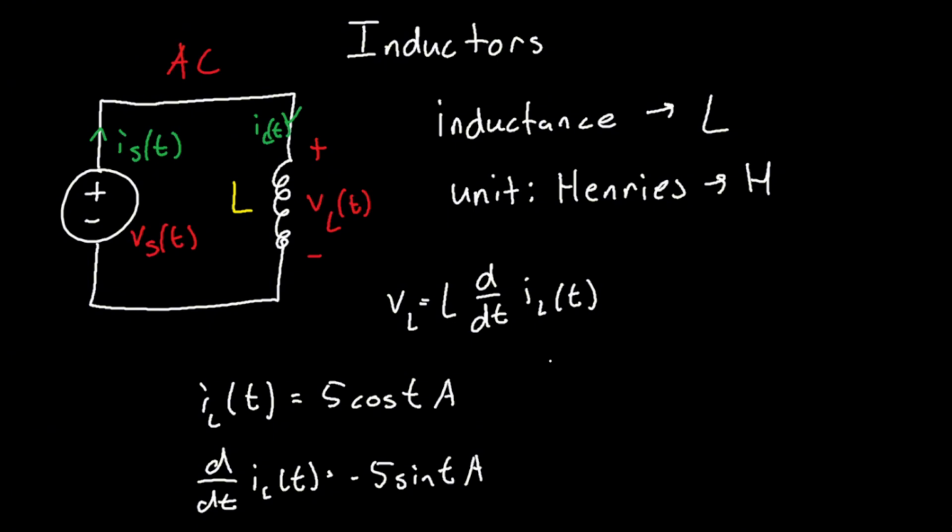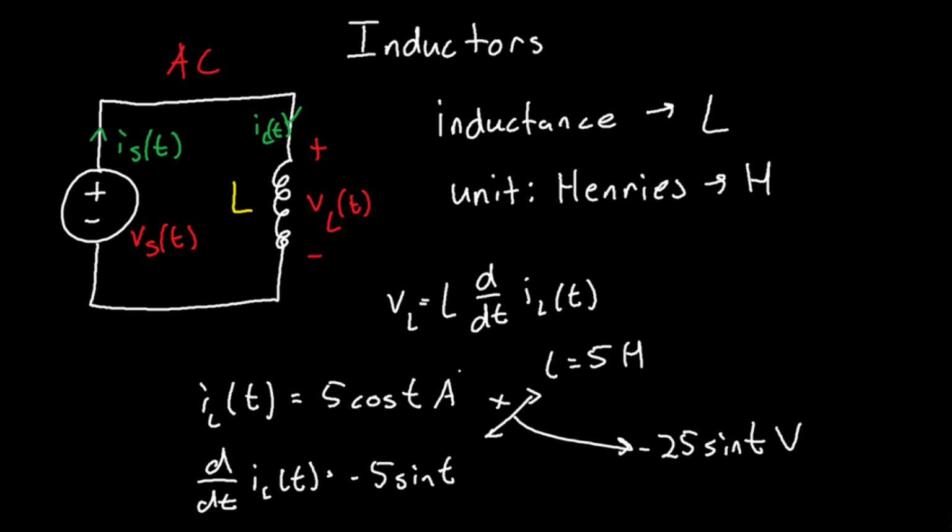And let's say the inductance was, I don't know, 5 Henries. So you simply multiply 5 by the derivative of your current. So 5 times this is equal to negative 25 sine of t volts. My bad, this unit is not amps. This unit would technically be amps over time, but I'll just leave it empty.